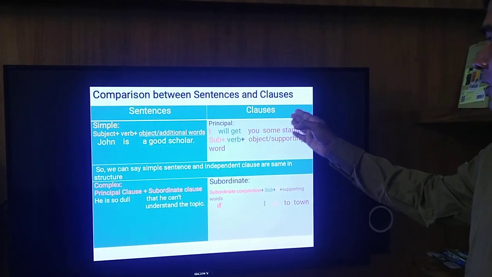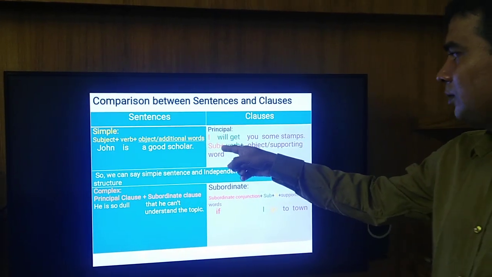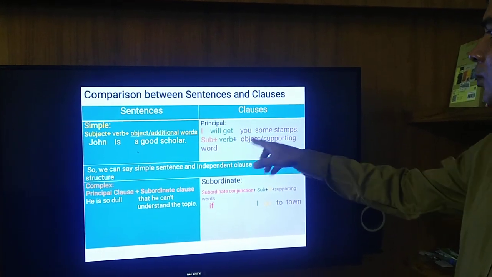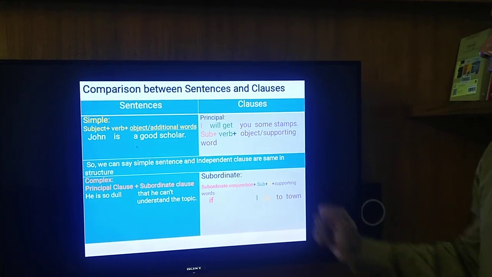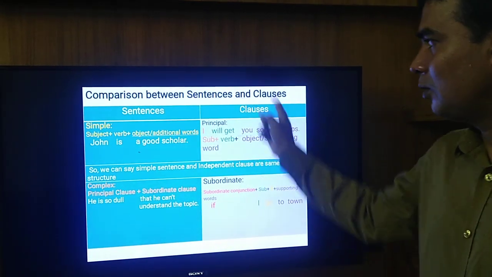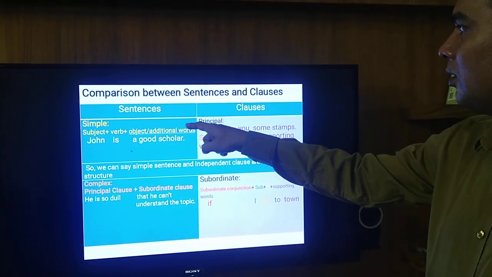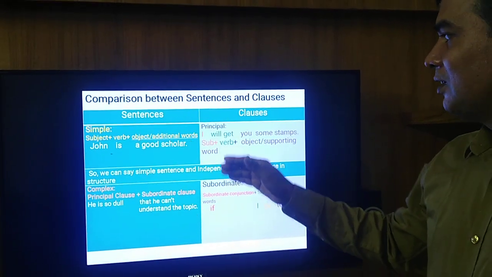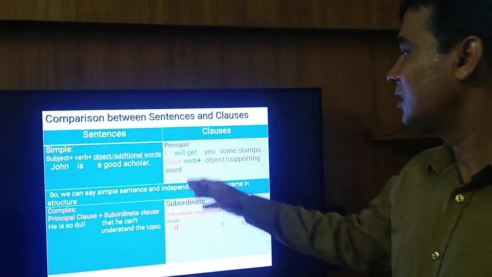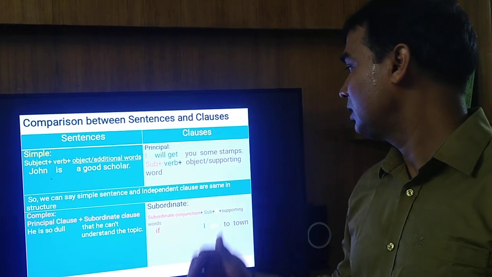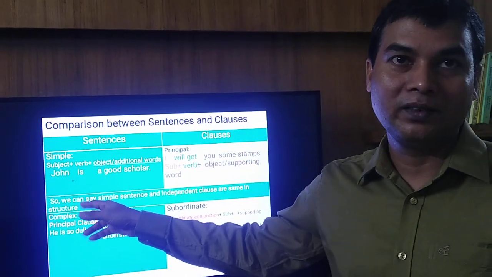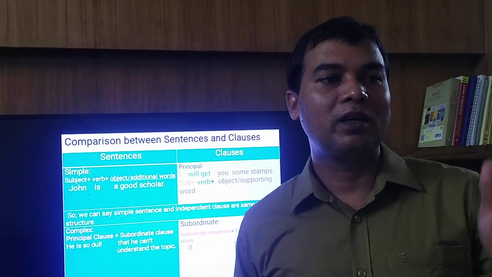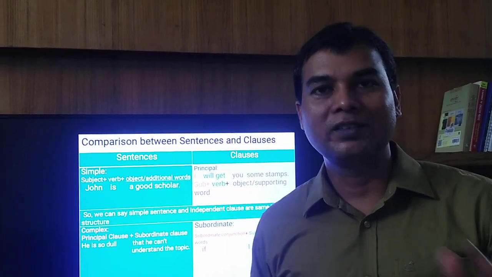And in a principal clause, first of all subject, then verb plus object or supporting words. Now comparing simple sentence and principal clause, we can say that simple sentence and independent clause are the same in structure. That means if I give you a simple sentence, you will find a principal clause in that sentence.